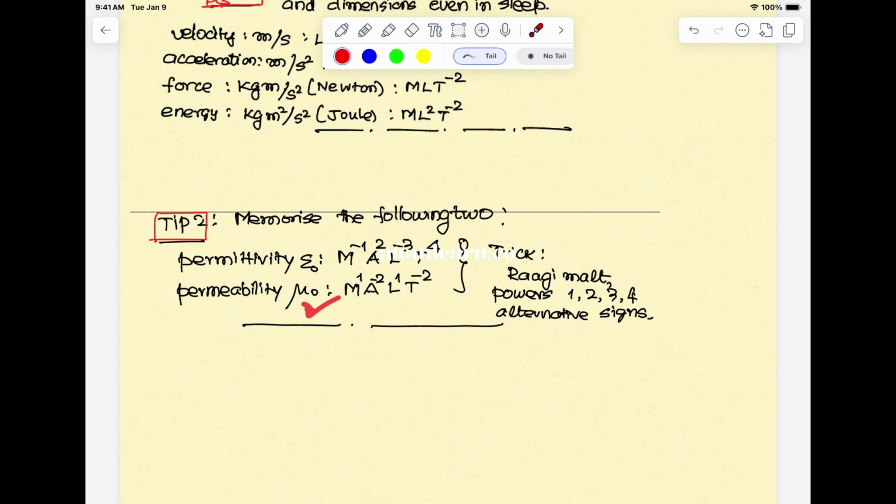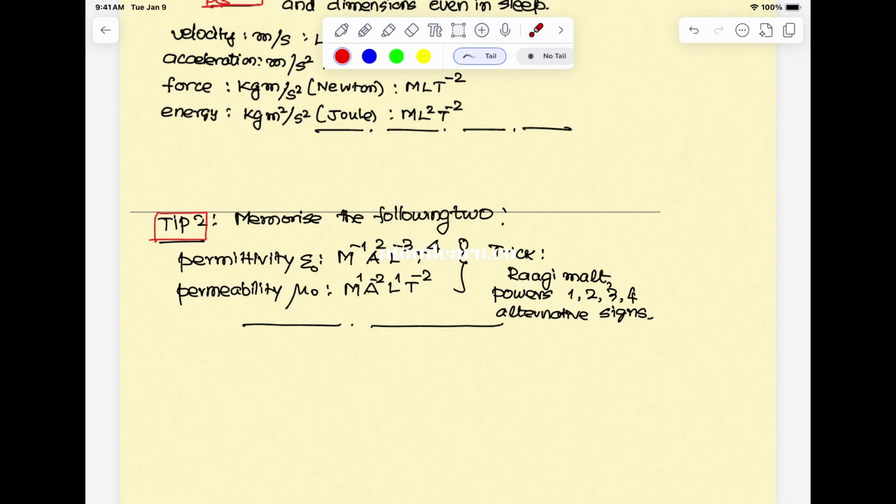Now you go to permeability, which is mu naught. Write the same thing, MALT, and then write the powers not 1, 2, 3, 4, but 1, 2, 1, 2. Remember it. And then write the alternating signs, but this time start with plus, then minus.